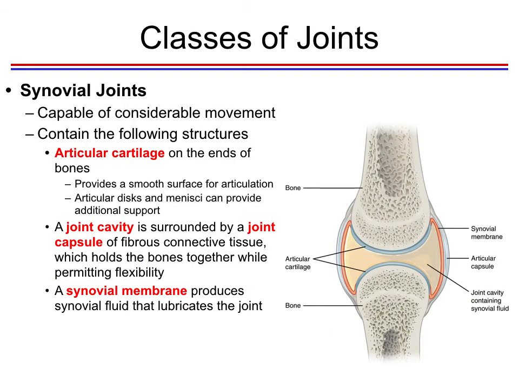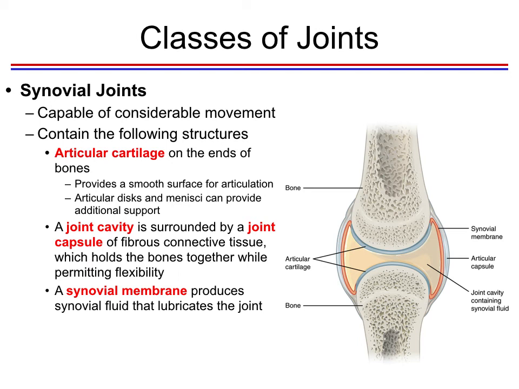Okay. Then the most common joints, the joints we commonly think of when we think of joints, are the synovial joints. They're capable of moving, they're fully movable, so they're the diarthrotic joints. And they're complex. They contain structures on the end of either bone. They will have articular cartilage that provides a smooth surface for articulation. They will have a joint capsule, which is made up of fibrous connective tissue that completely surrounds the joint and makes a cavity in there.